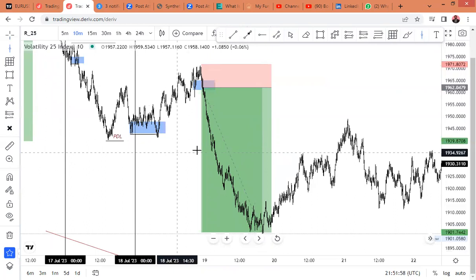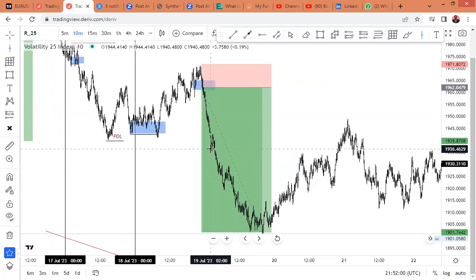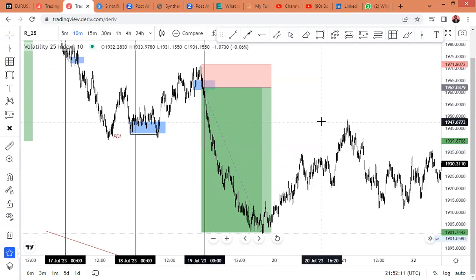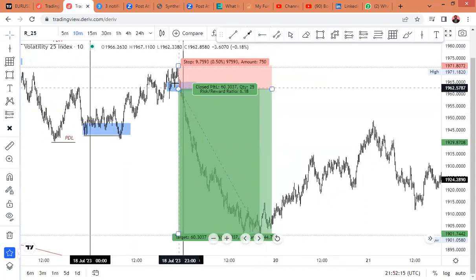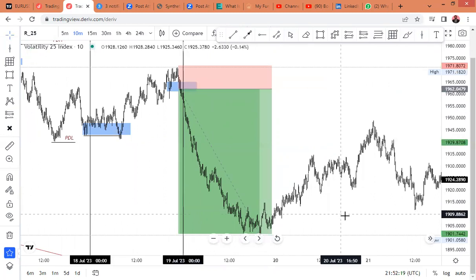It's around here. Oh, you held that entry. That was the entry held for that day, around this place. You got that entry here. Price opened, you got your entry, and price rallied down all through the day.